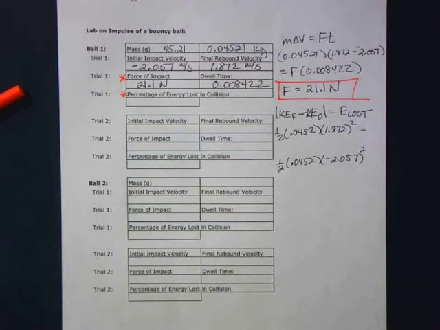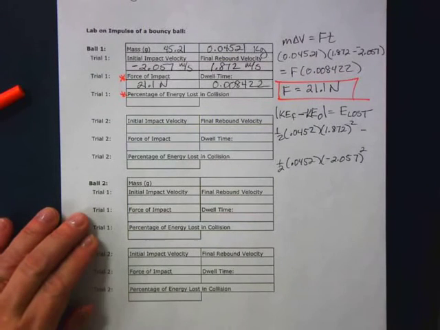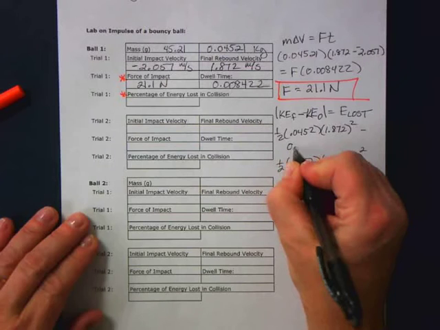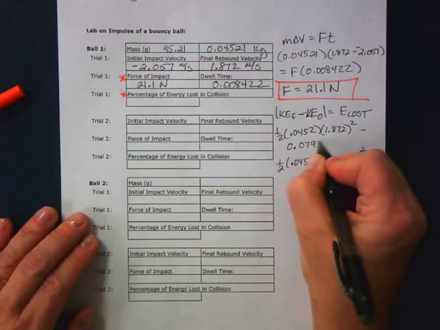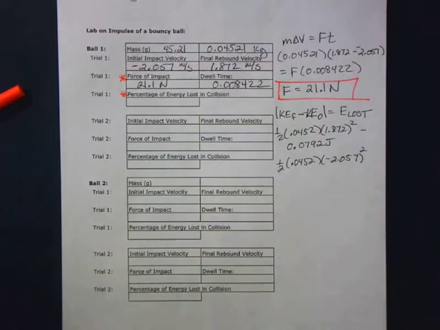Okay. 1/2 m v squared equals. This is 0.0792 joules.